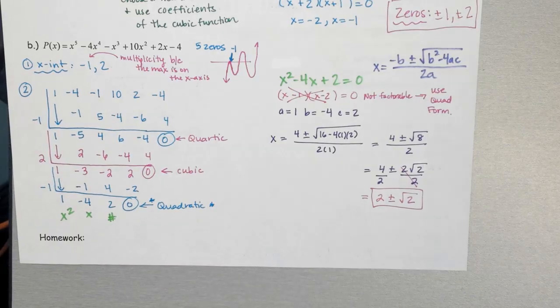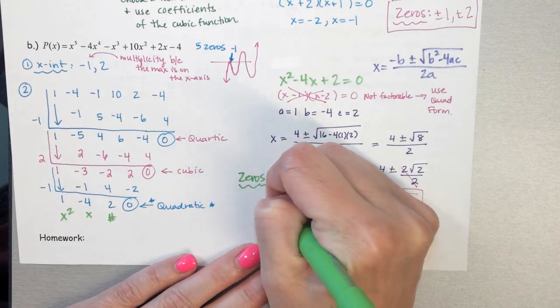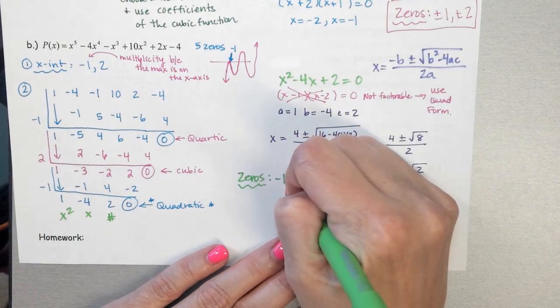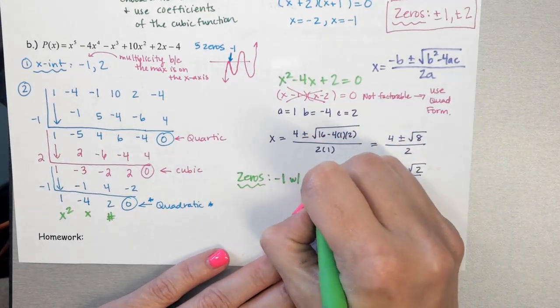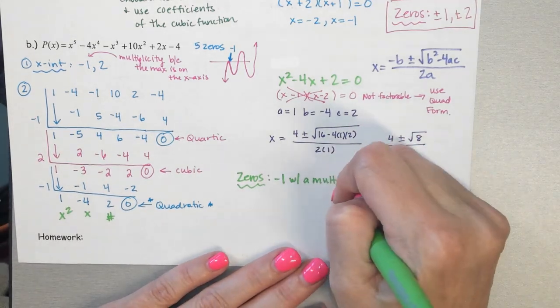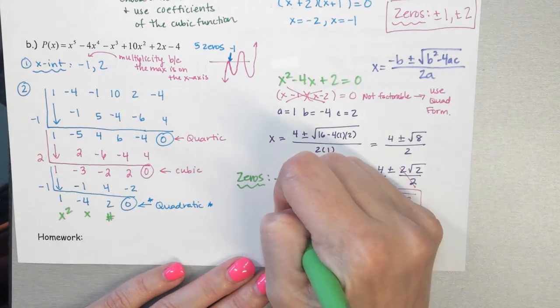Your final answer is going to be all of your zeros together. So remember, here you had -1 with a multiplicity of 2. And you can abbreviate multiplicity. You can say -1 with a mult of 2, and then 2 was a 0.